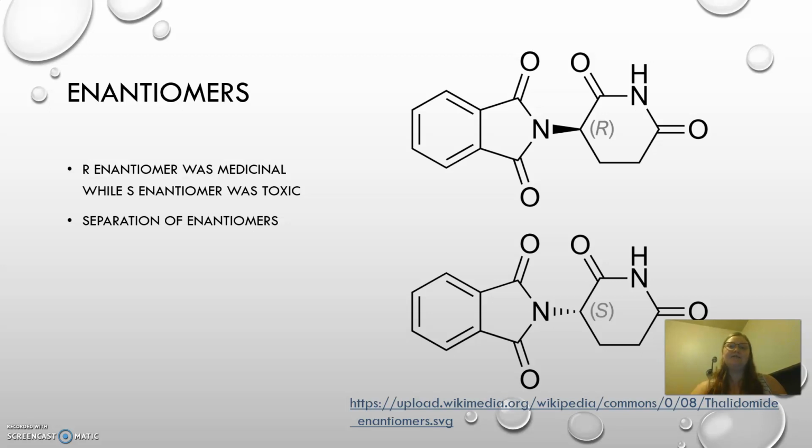Each different enantiomer does different things in the body. They have different bioactivity. In this case, the R enantiomer of thalidomide was medicinal and actually did cure headaches and helped people sleep, while the S enantiomer was toxic and actually caused the birth defects.